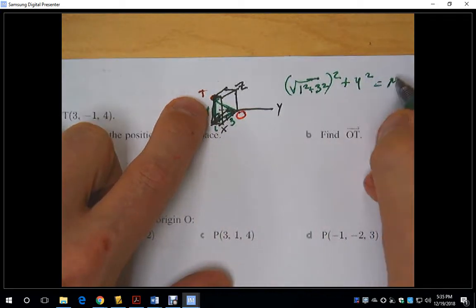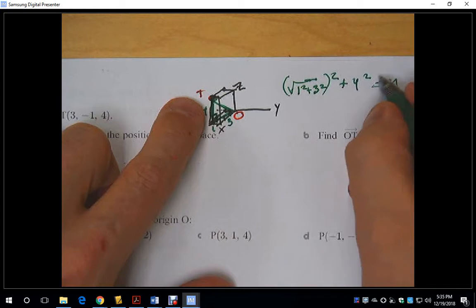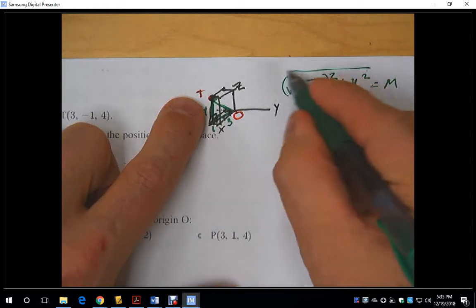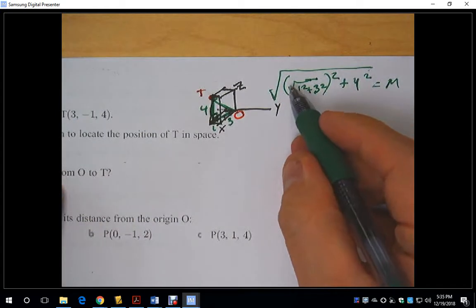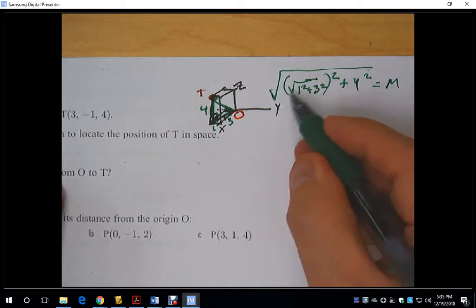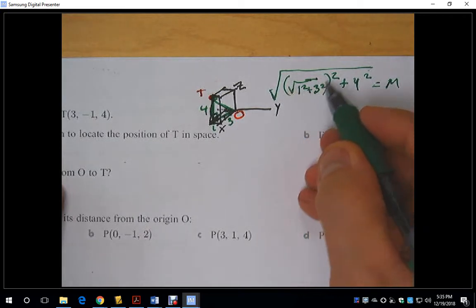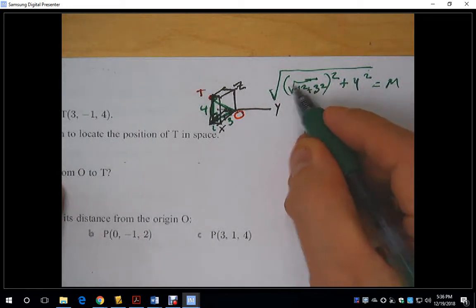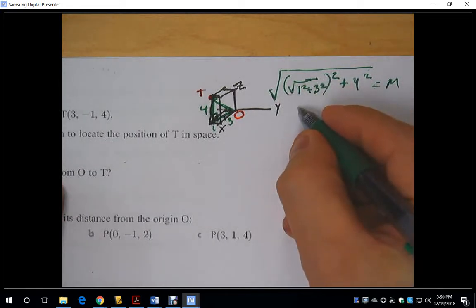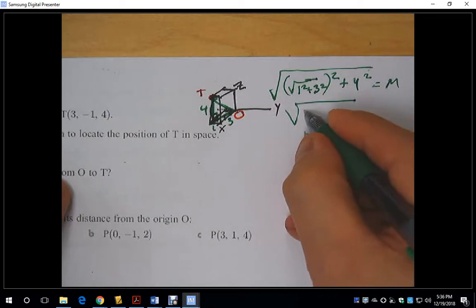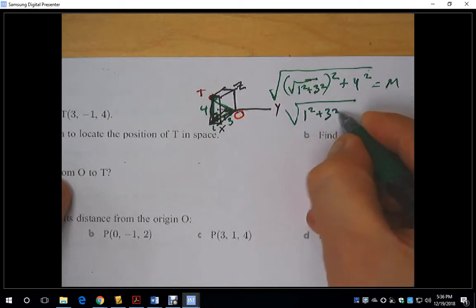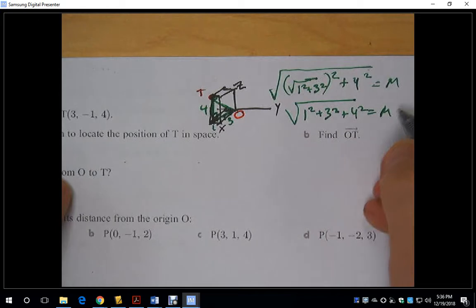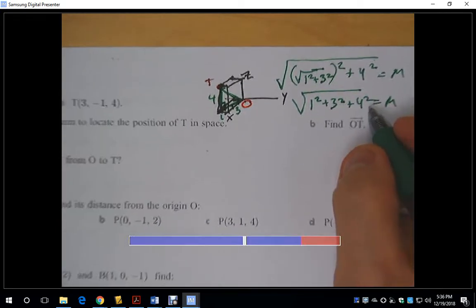If we want to find the magnitude, we have to square root both sides. The square root and squared are inverses of each other, they undo each other, and we're left with the square root of 1 squared plus 3 squared plus 4 squared equals the magnitude.